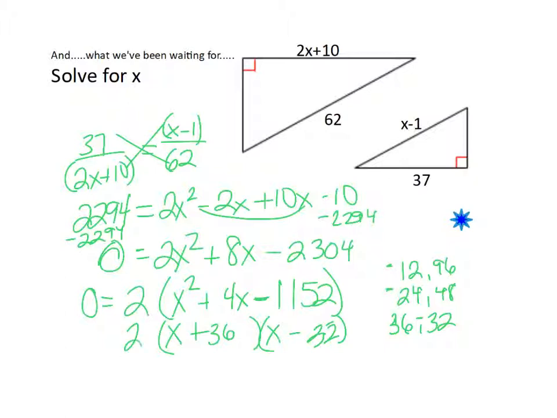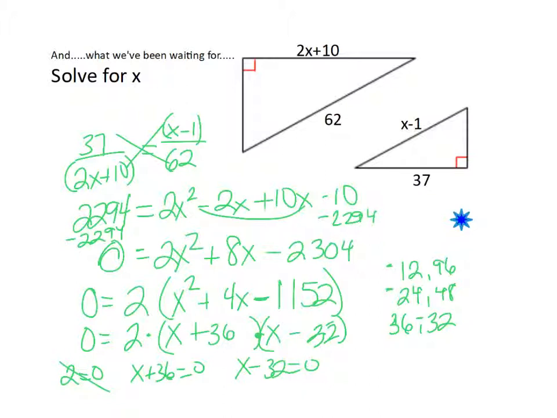And this 2 out here, I'm taking 2 times this quantity times this other quantity. And typically what we do is we set everything that's being multiplied equal to 0. So I could do 2 equals 0, I could do x plus 36 equals 0, and I could do x minus 32 equals 0. The deal with this 2 equals 0 thing, if that was an x with it, I could do something with that.